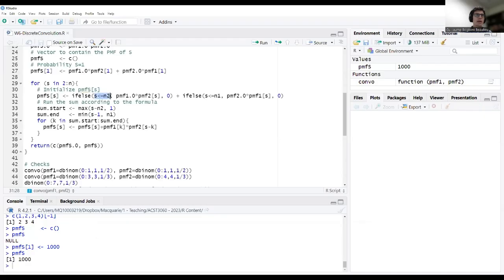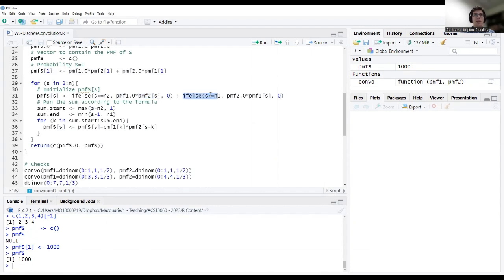Of course, the point is I need this if-else, because if S was strictly bigger than n2, then PMF2 of S wouldn't exist in my vector PMF2, because it would be 0. So if S is smaller than n2, then yes, I can have this term PMF1 of 0 times PMF2 of S. Otherwise just return 0.